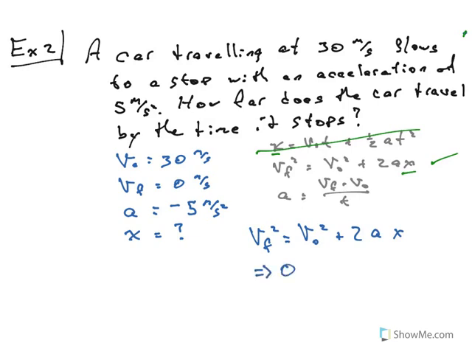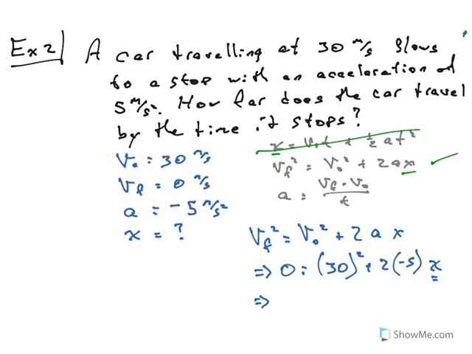VF, that's 0, equals initial velocity, V naught squared, that's 30 squared, plus 2 times the acceleration, -5, times x, the distance I'm looking for. All right, so there's our equation. X is the thing I'm looking for. So now it's just a matter of doing the algebra to solve for x.